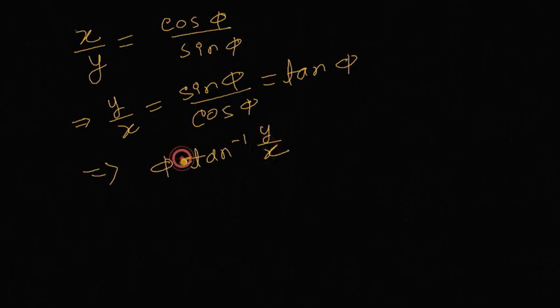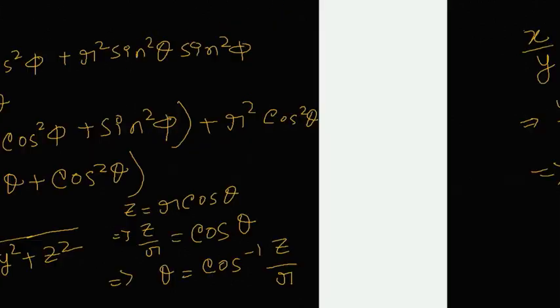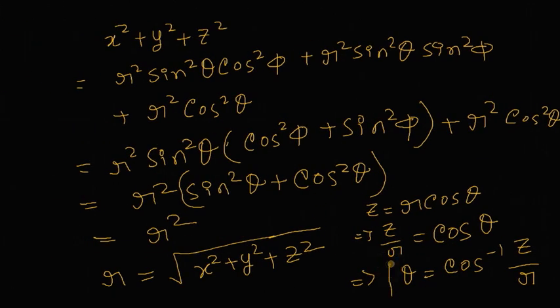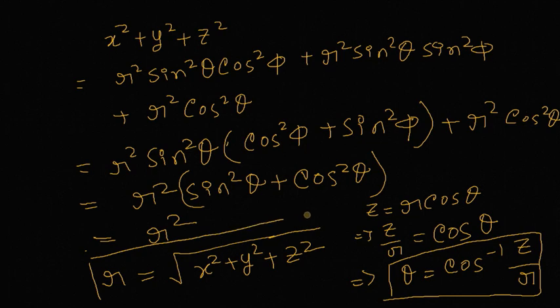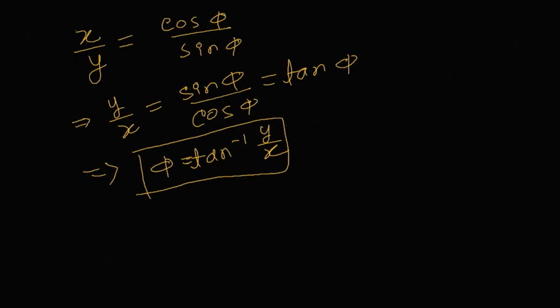So this is how we find out the value of phi, the value of theta, and the value of r. These are the three parameters on which we define the spherical polar coordinates.